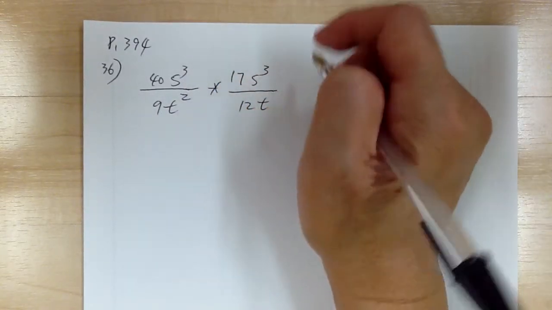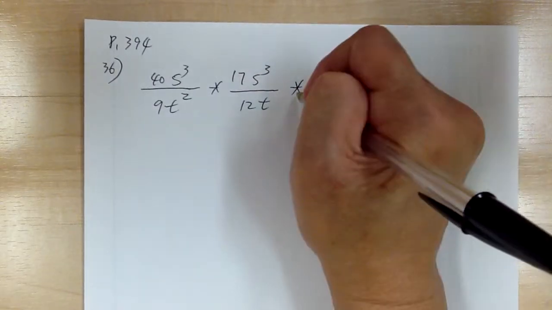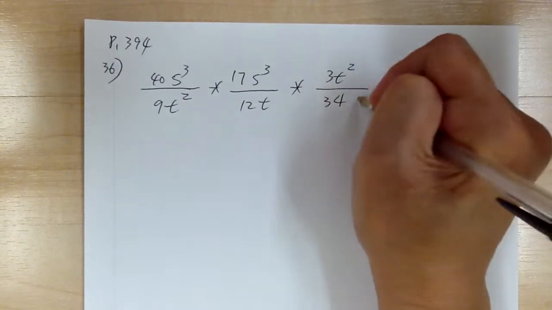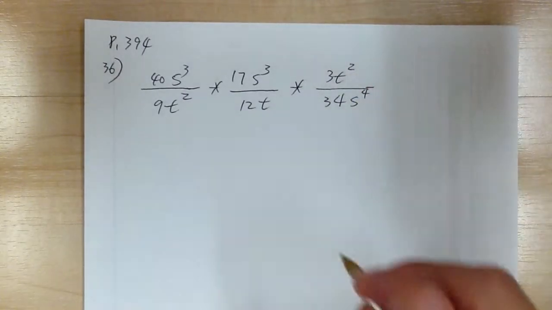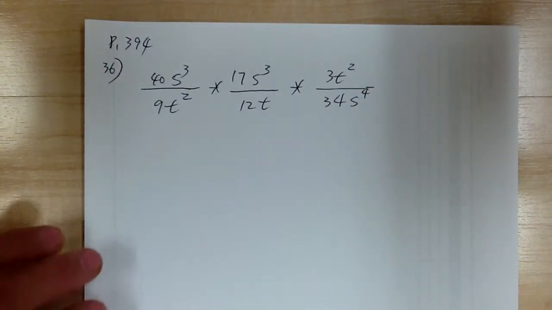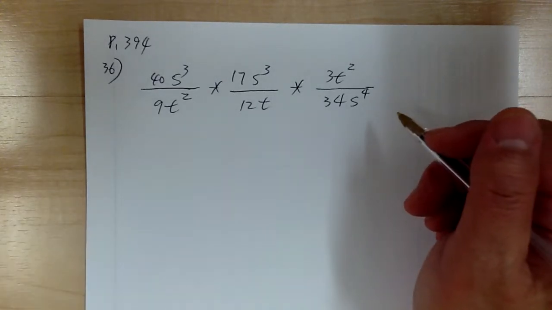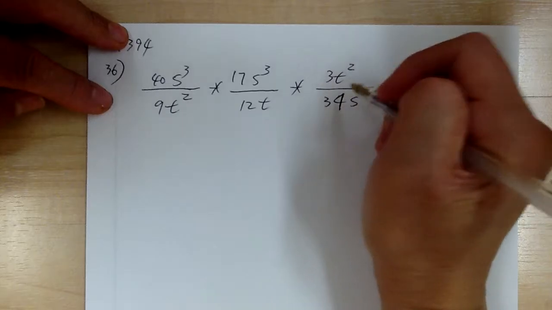Okay, and the next one is also division, so again I'm going to convert into multiplication and flip it upside down. And after that, there's no addition or subtraction, so you don't have to do any factoring, so you can start to cancel things out. Okay, so let's see, what can we do?